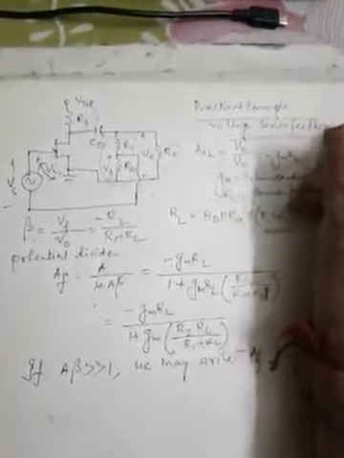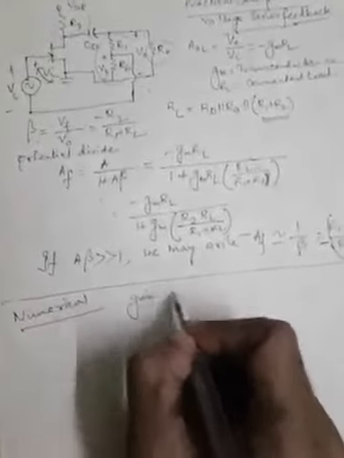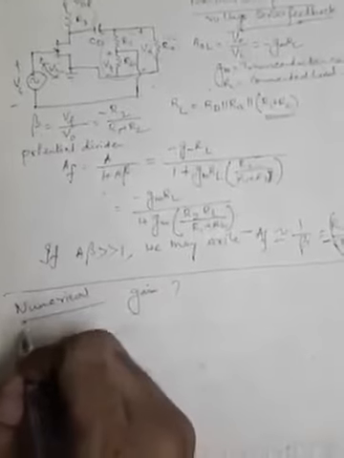Now let us solve an example numerical on this particular concept. Calculate the gain with and without feedback for this FET amplifier circuit. Numerical, need to calculate the gain for this particular circuit. So this is numerical number 4.